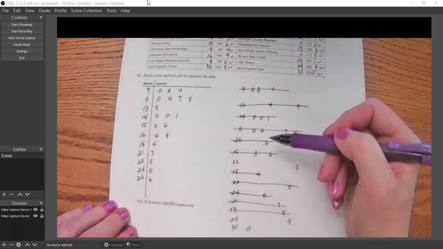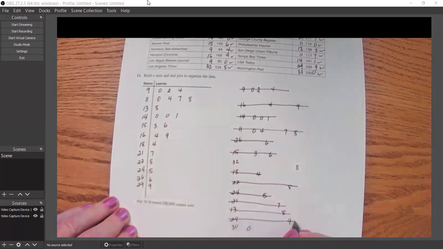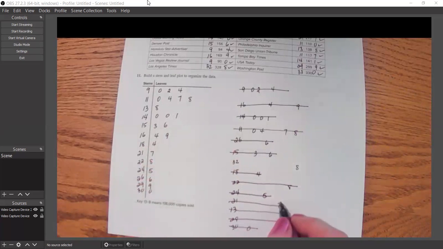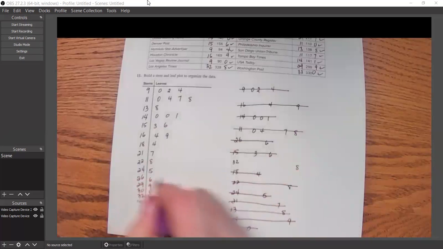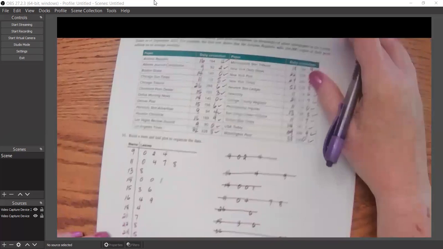No 28s. 29, 9. 30, 0. No 31s. Here's a 32, 8. So this is my stem and leaf chart.